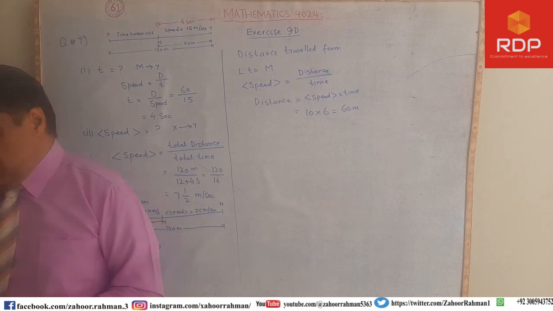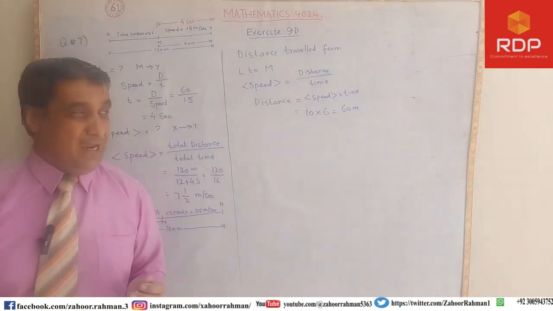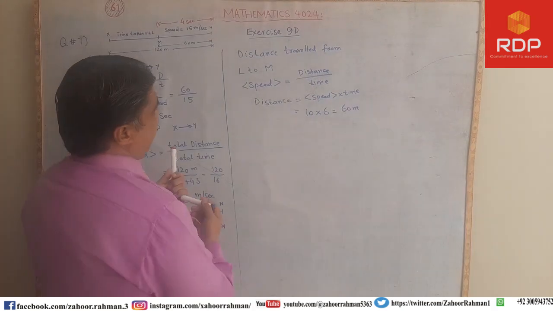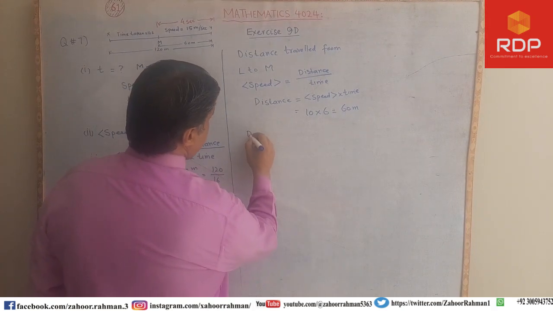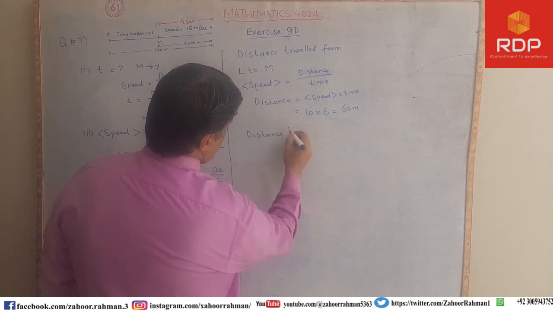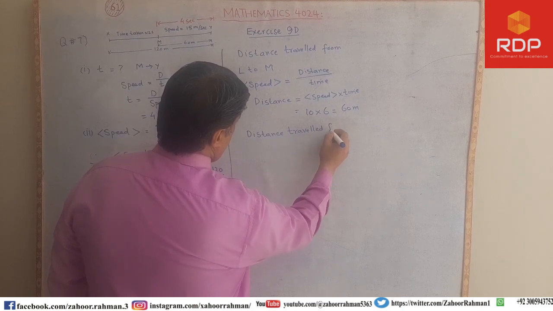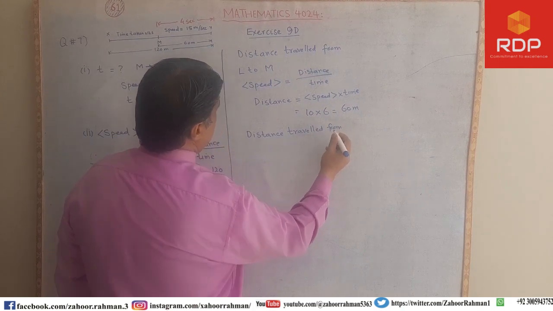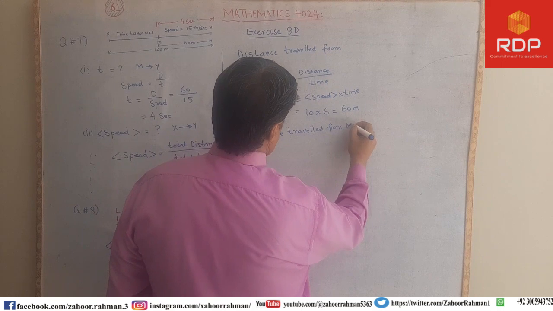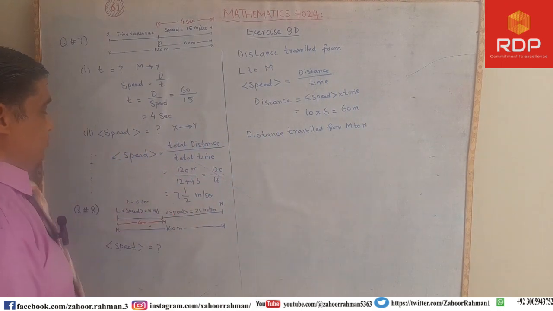Okay, that was the whole story, and now the distance traveled from M to N. Now we have to find the distance traveled from M to N, from here to here.